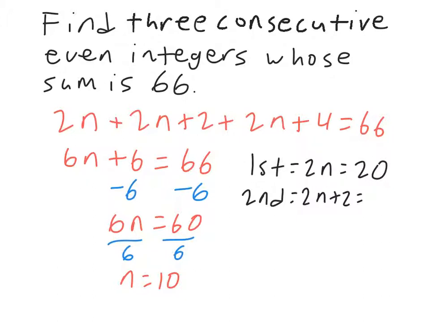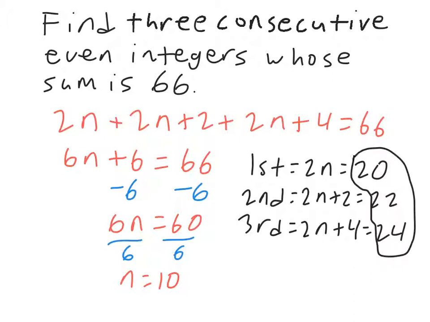So then 2 times 10 is 20, plus 2 is 22. And the third integer is 2n plus 4. So 2 times 10 is 20, plus 4 is 24. And we have our three consecutive even integers.